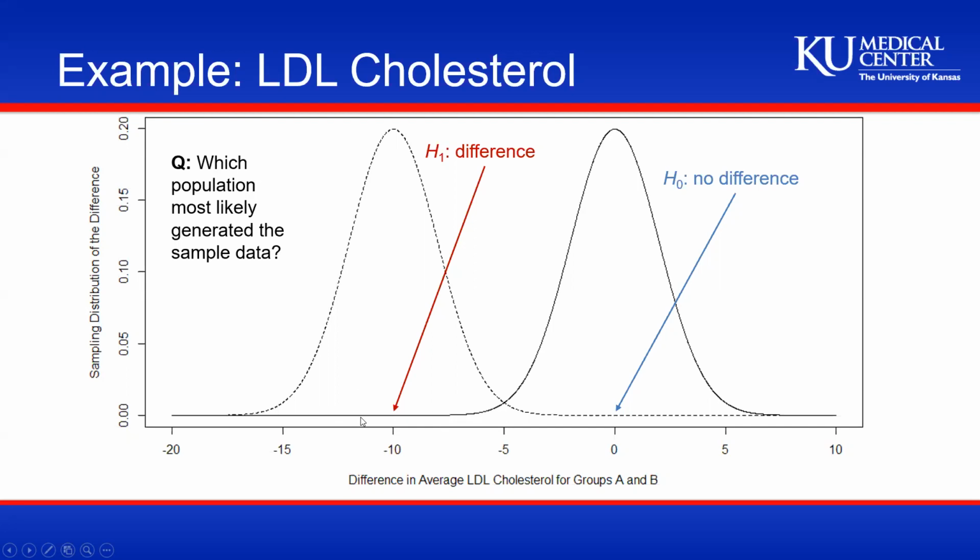The unfortunate thing is you see overlap in these two distributions, right? So if I get a really strong result, like I treat two groups, one with A, one with B, and their LDL cholesterol levels are 141 and 140. Depending on what things look like, that's only like 1 unit up.